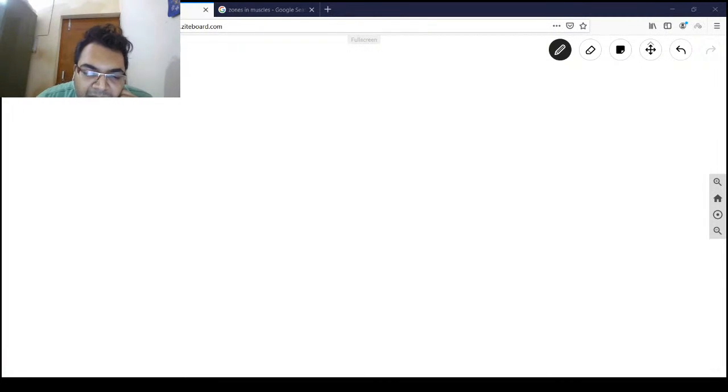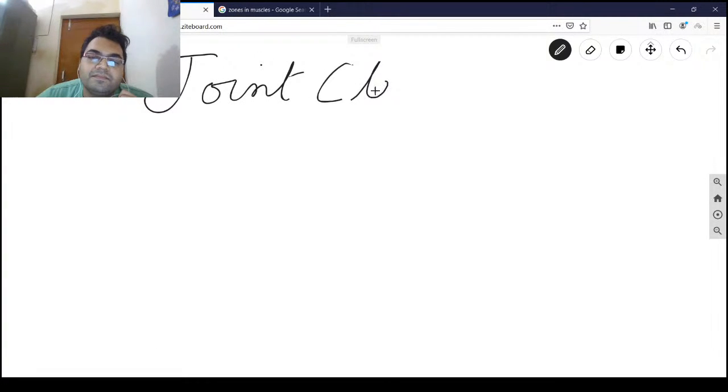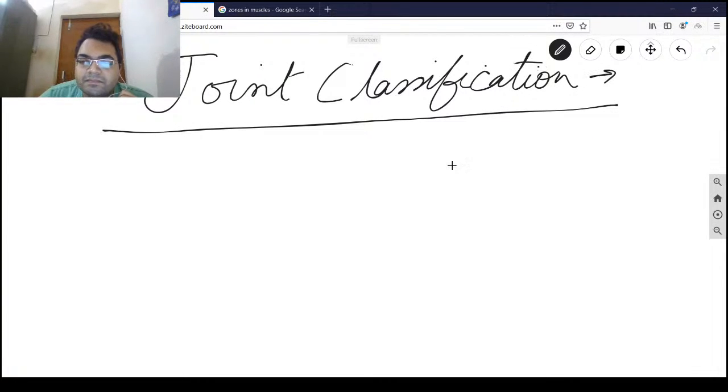Number one is the presence or absence of a space between the articulating bones, or connecting bones.